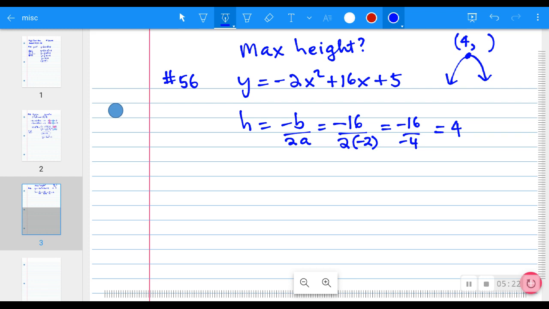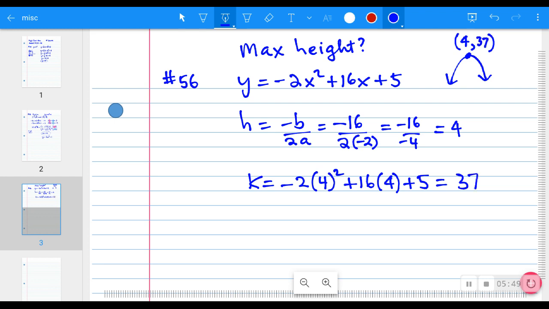Now we'll find the k value by plugging that 4 in. And give me a second to do that. Okay, when you type all that in, you get 37.